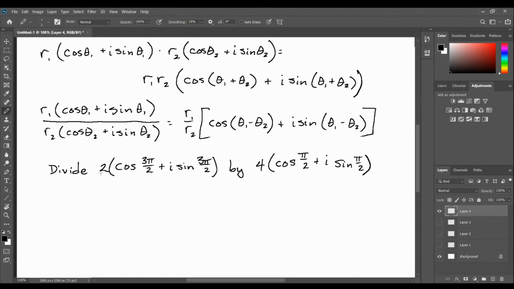Okay, so I'll use this division formula we just had. I'll go ahead and write it out.